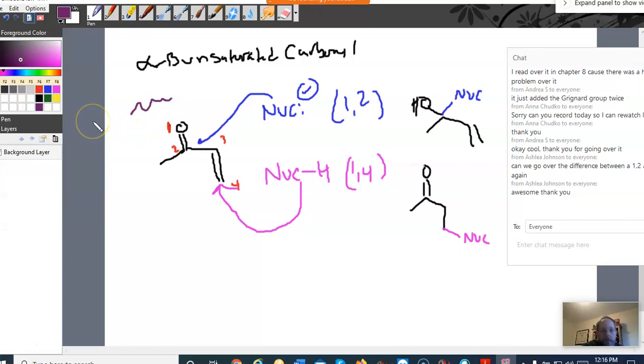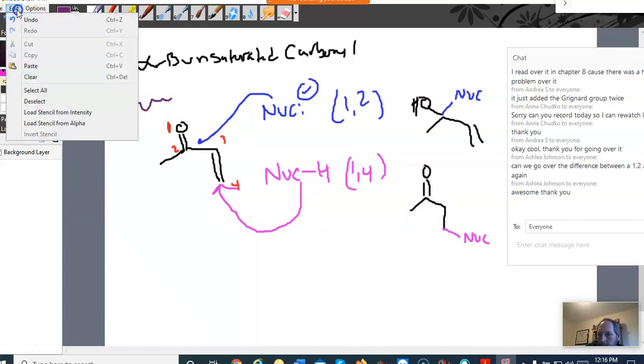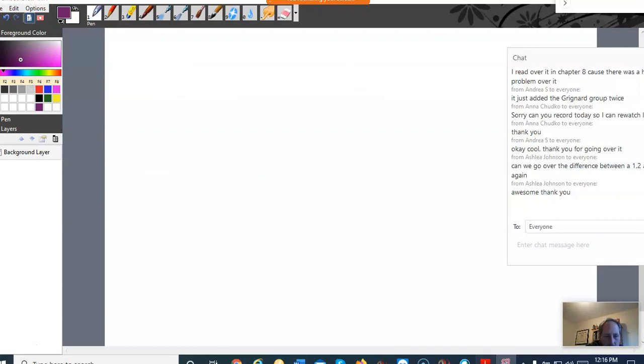I like the lighter purple, I think. All right. Good. Anything else?